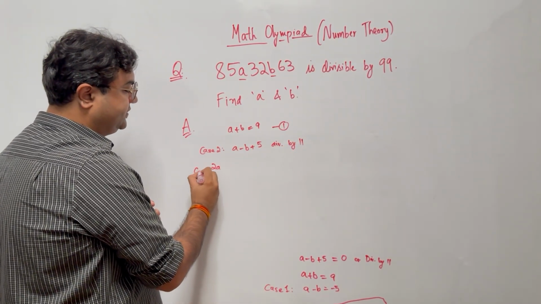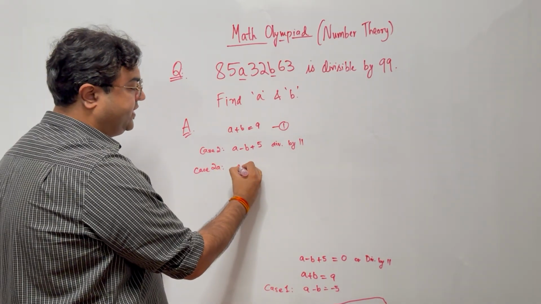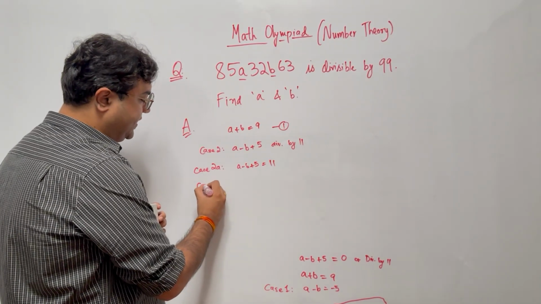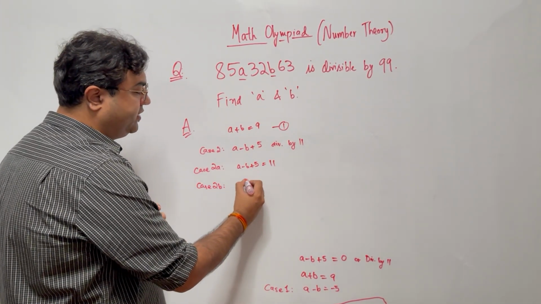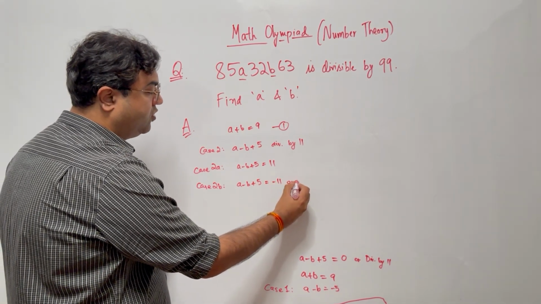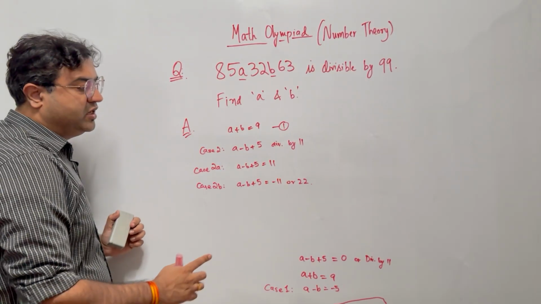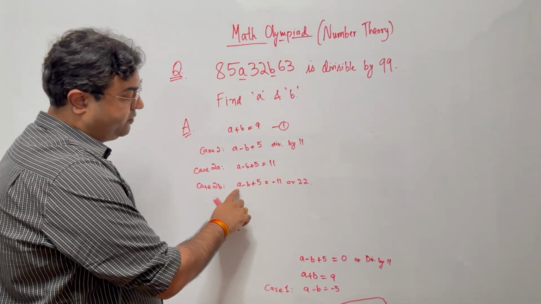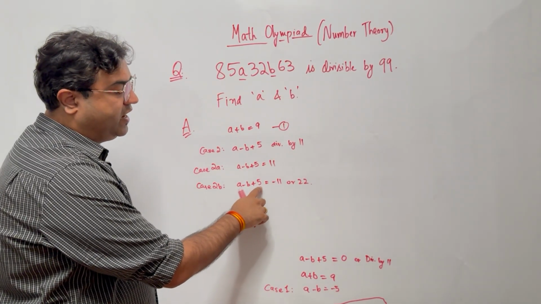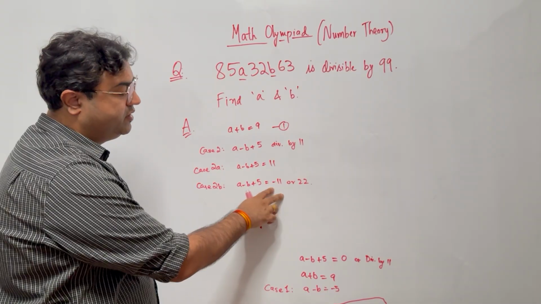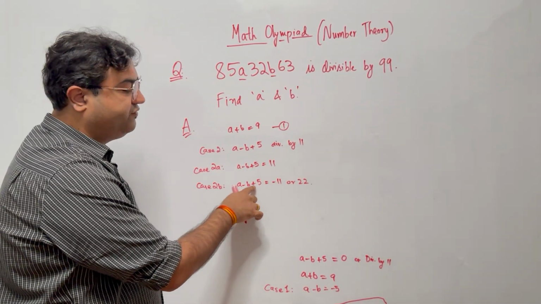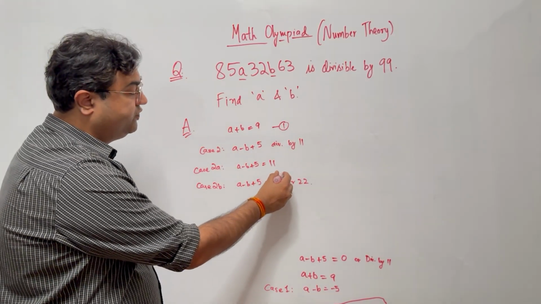So let's take case 2A where A minus B plus 5 is equal to 11, and case 2B will be A minus B plus 5 equal to minus 11 or 22. So let's see whether this is possible. We have to subtract A minus B and then add 5 such that this becomes minus 11. The lowest value that A minus B can have is minus 9. When you add 5 to it, it will become minus 4. So we cannot have this number.